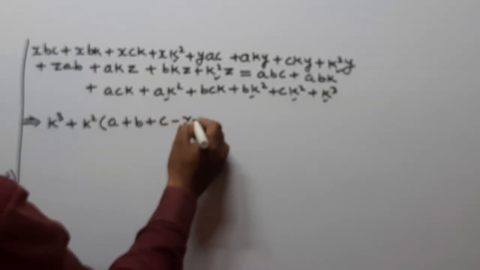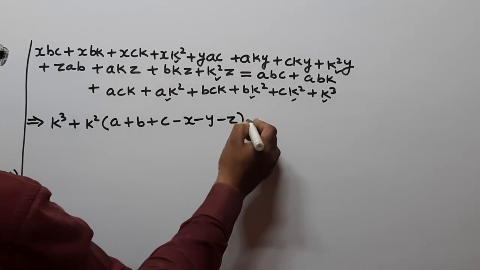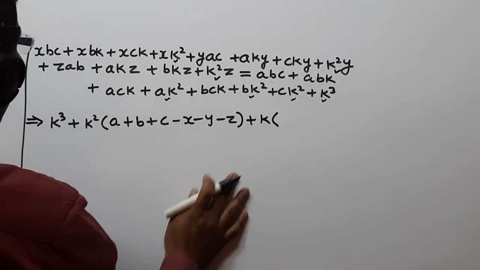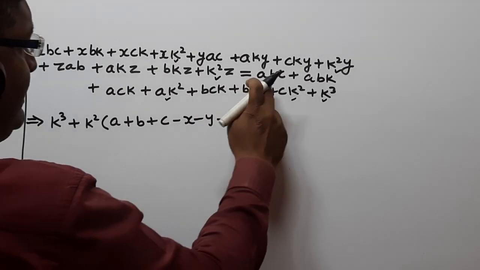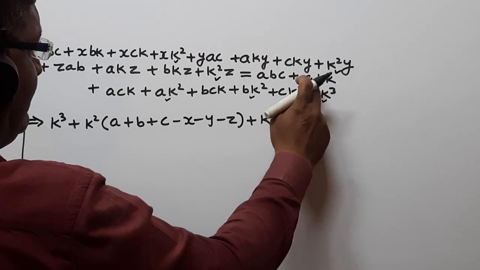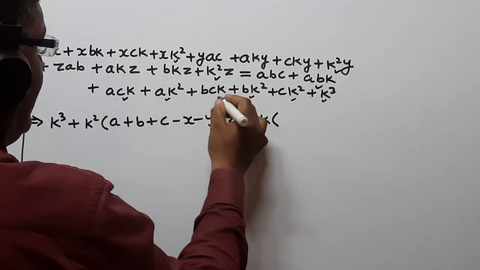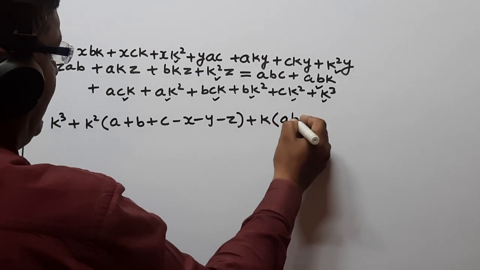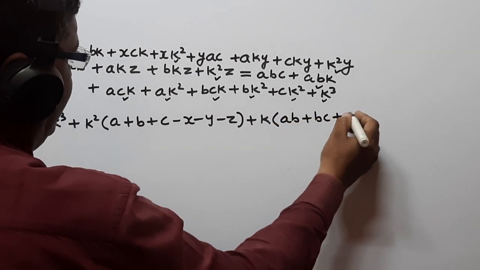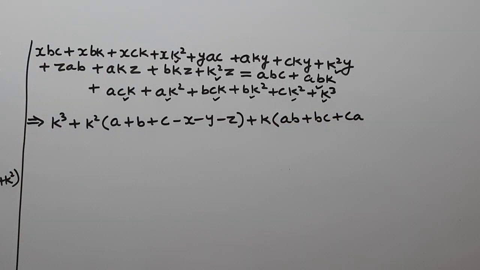So this is minus x minus y minus z. Now we write the k term. On the right hand side we can see this is abk, ack and bck, so we write ab plus bc plus ca.